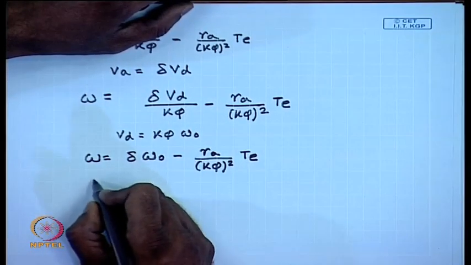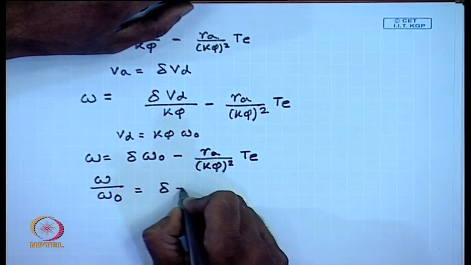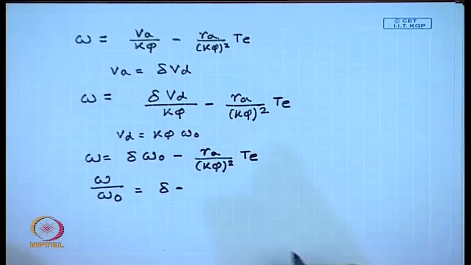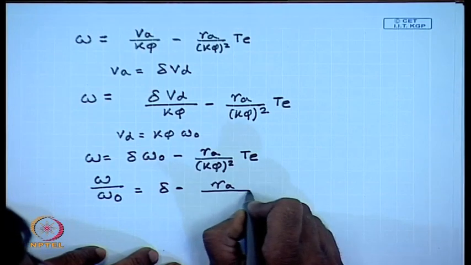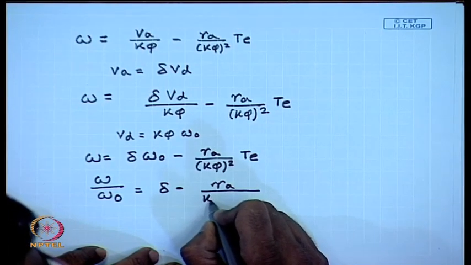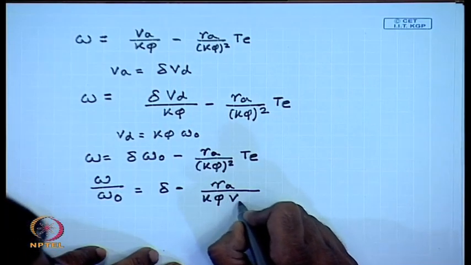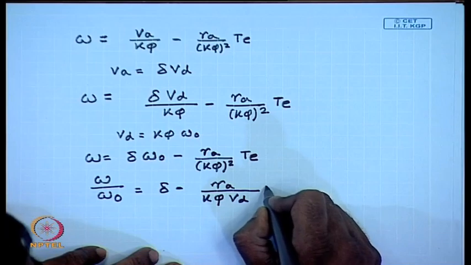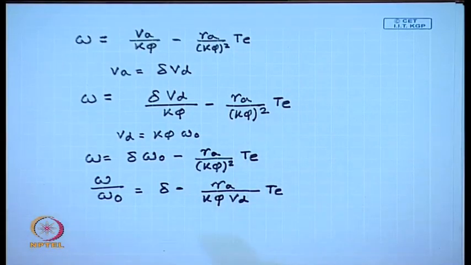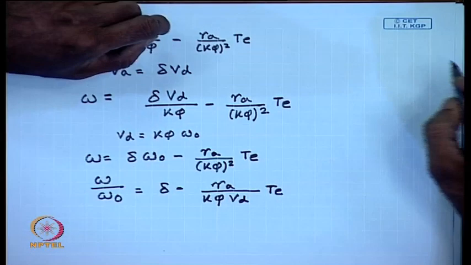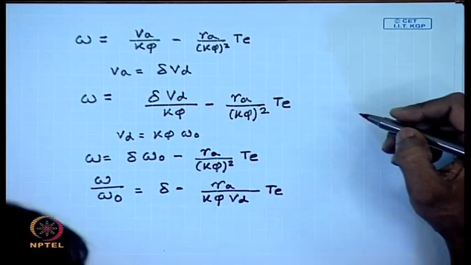or omega by omega 0 equal to delta minus R A by K phi V D into T E. But V D by R A is the short circuit, I mean direct online starting current of the DC machine.